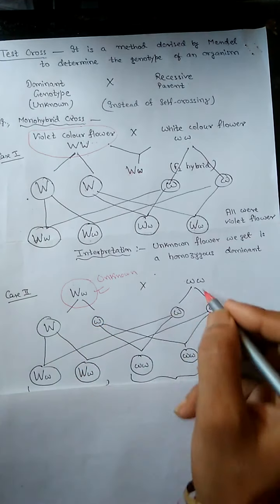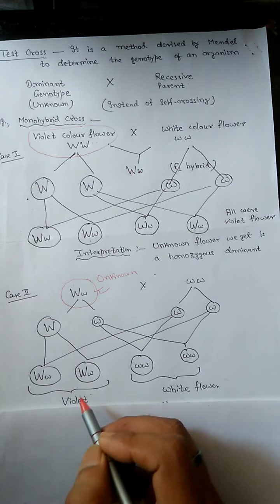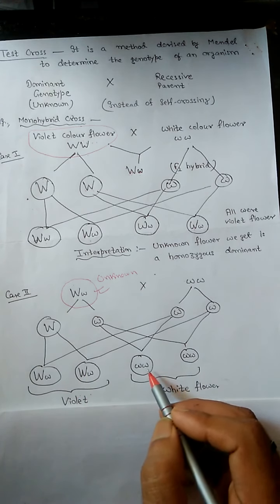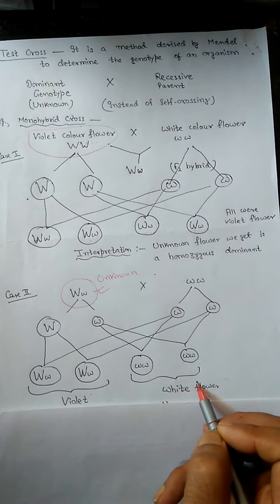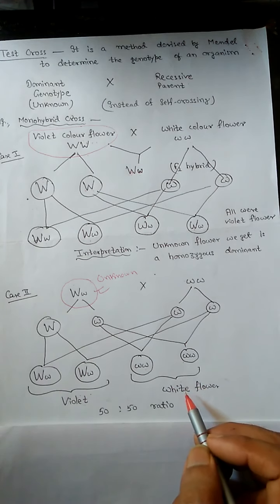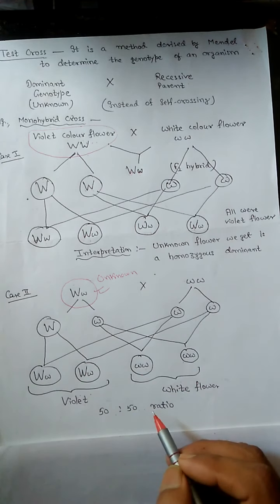When we cross it, we get two of them with violet flowers, while the other two are white flowers. So we get a 50-50 ratio.